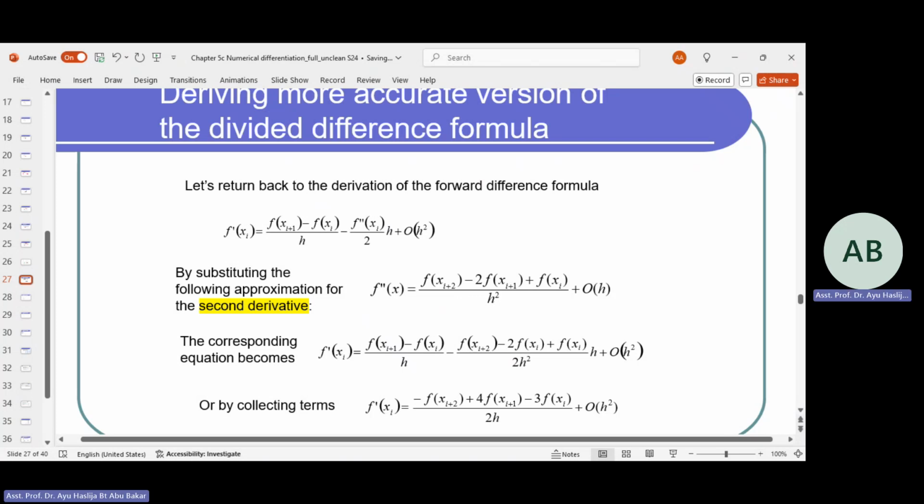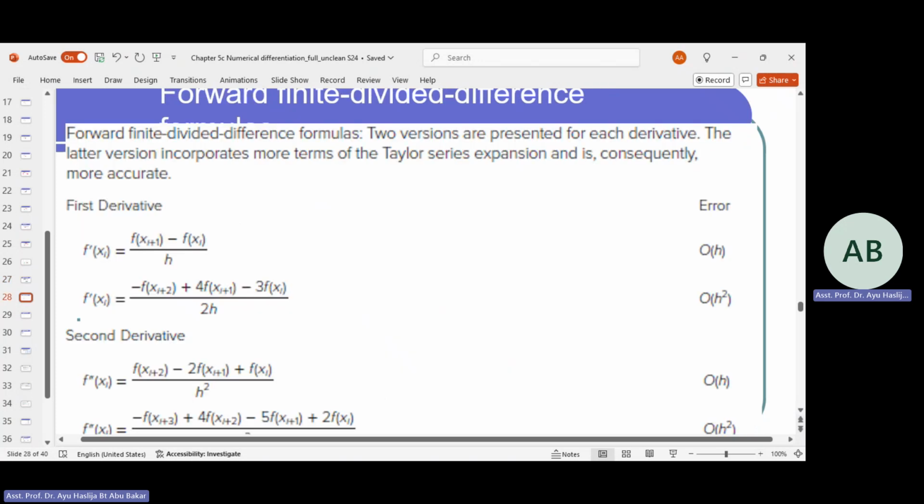Now, I will not lecture you on how to derive the second derivative. Okay, we straight away use the equation. Now this is for forward. First derivative, second derivative. Okay, so here it mentioned the error level.